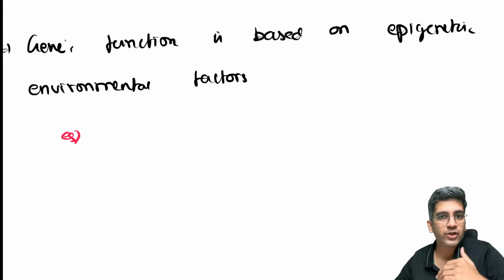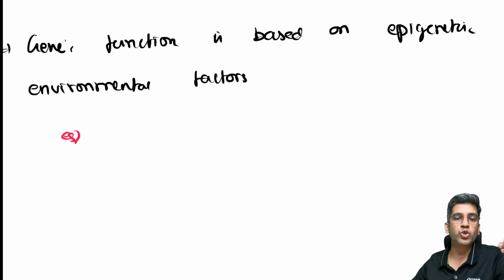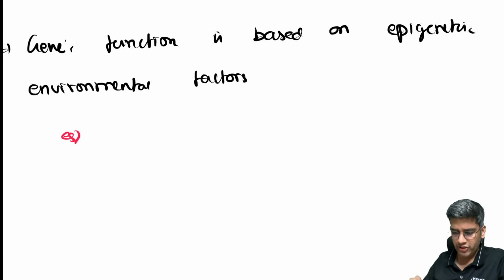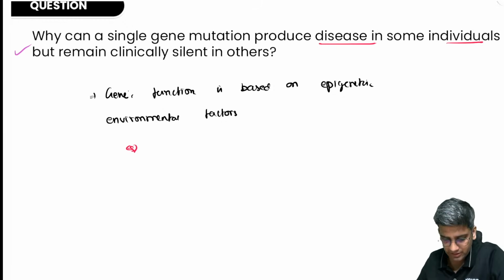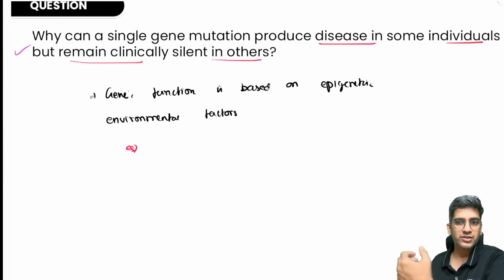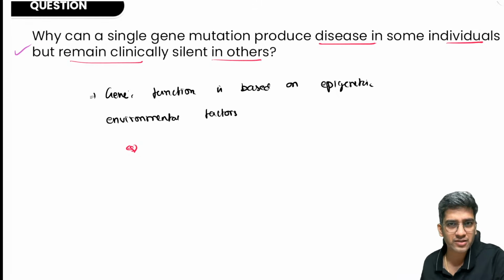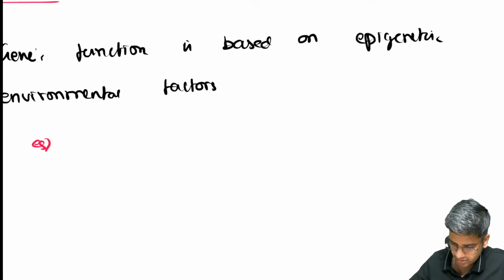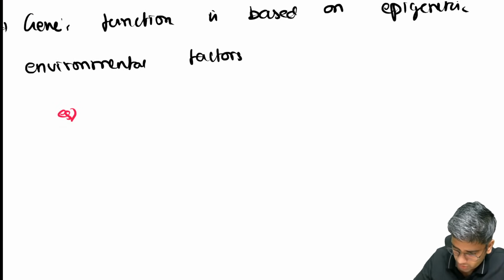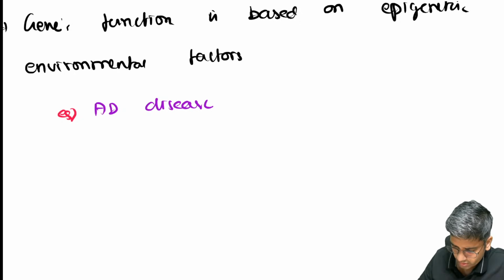We did read about something called incomplete penetrance in autosomal dominant disorder, right? That's what actually the question is. A gene is causing disease with complete penetrance in some, but remains clinically silent in others, right? Because it's penetrance, right? So, the best example for us is autosomal dominant disorders with incomplete penetrance.